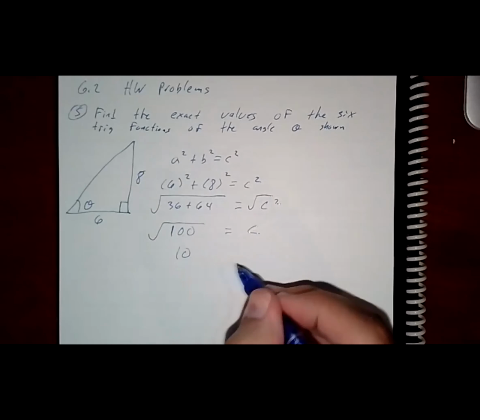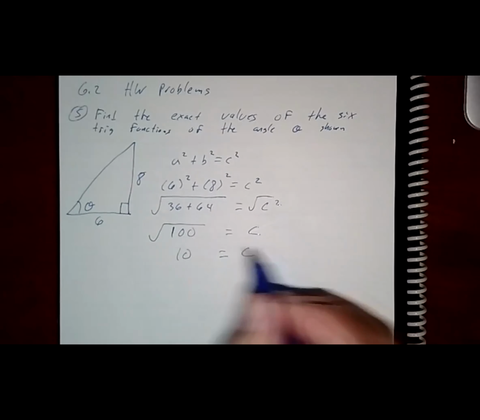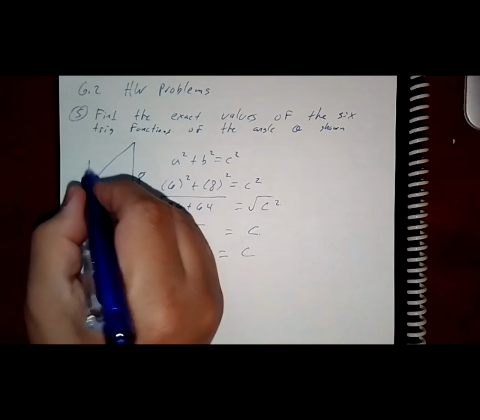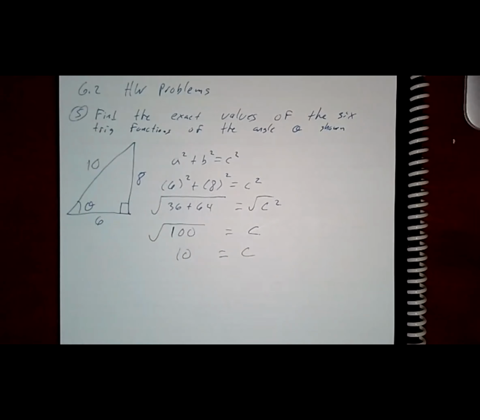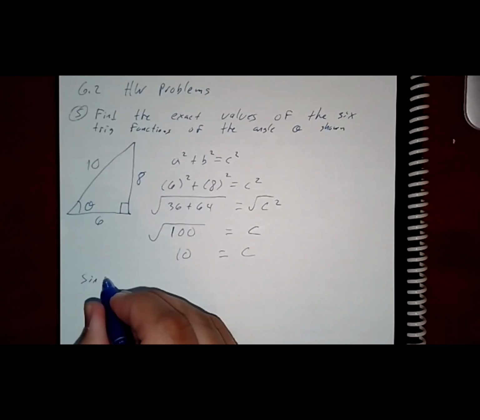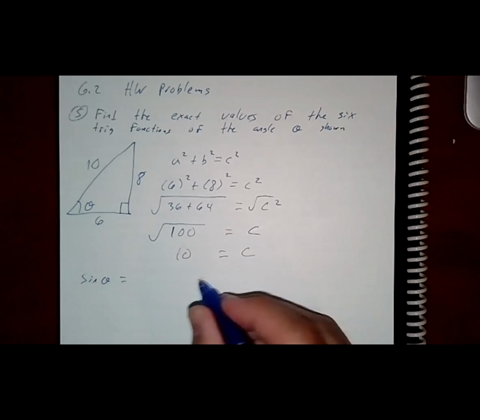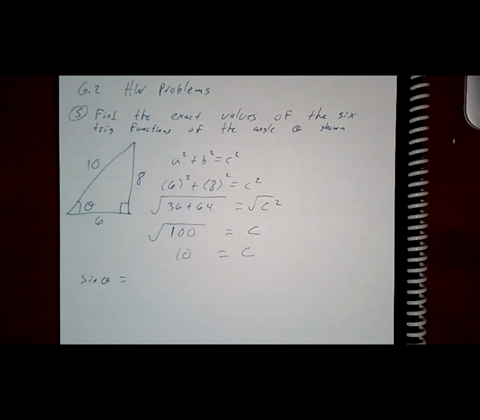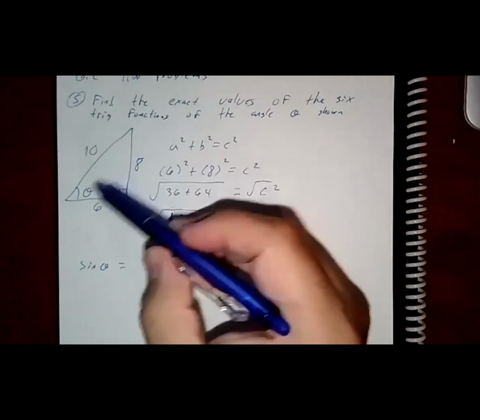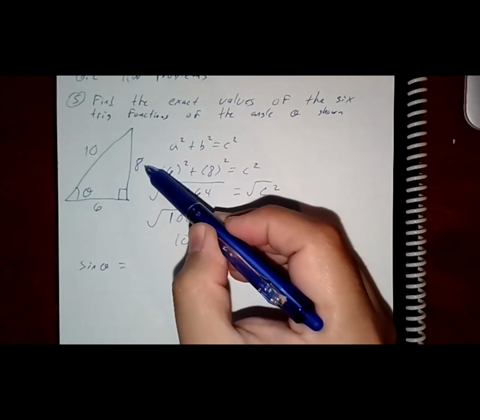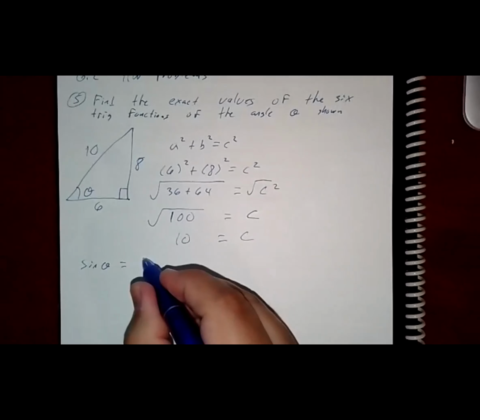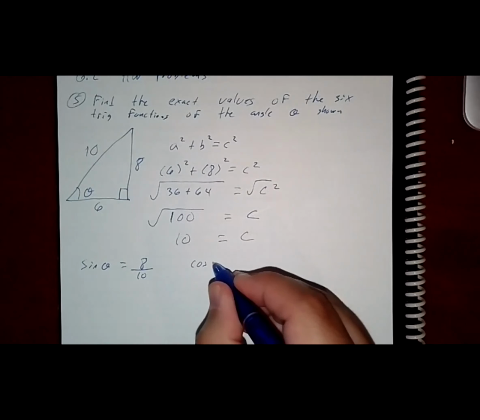So that'll be 10 equal to C. So our hypotenuse is 10. So now that we have it, we can answer the question, right? So who knows what sine theta is? Eight over 10. Yeah, it's going to be opposite to theta over the hypotenuse. So 8 over 10.